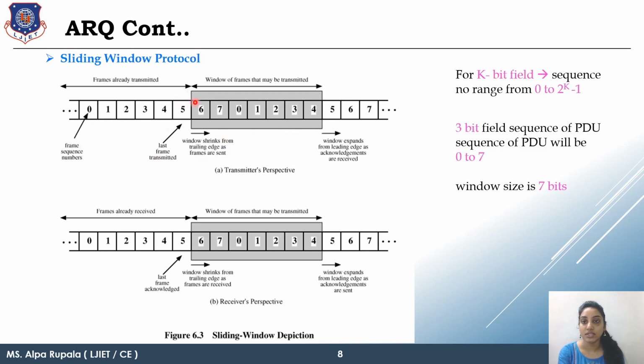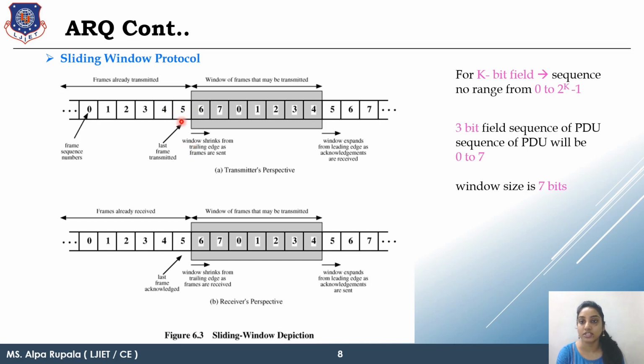Now you can see the highlighted portion, and this portion is the window. This portion indicates that PDUs from 0 to 5, and all those to the left, are already sent by your transmitter. Your window will be shifted one place to the right as soon as it gets the acknowledgement of the last frame transmitted.